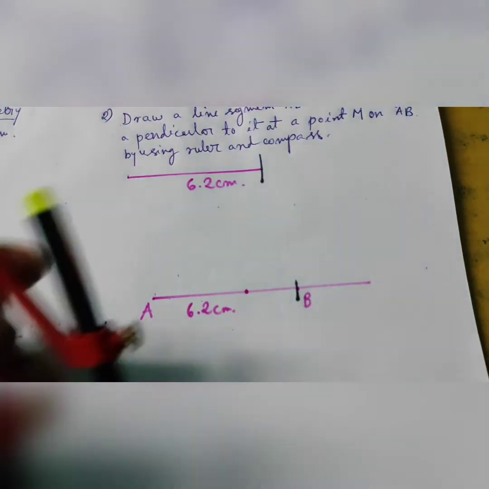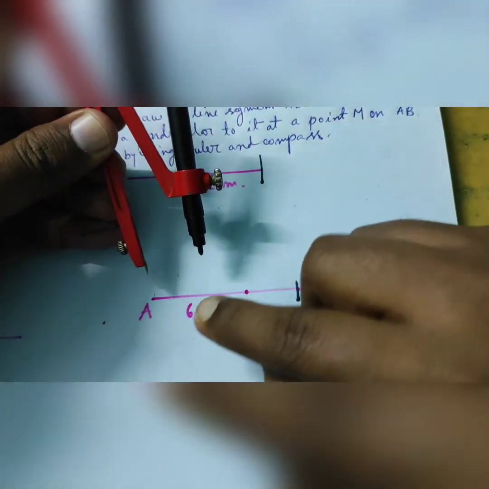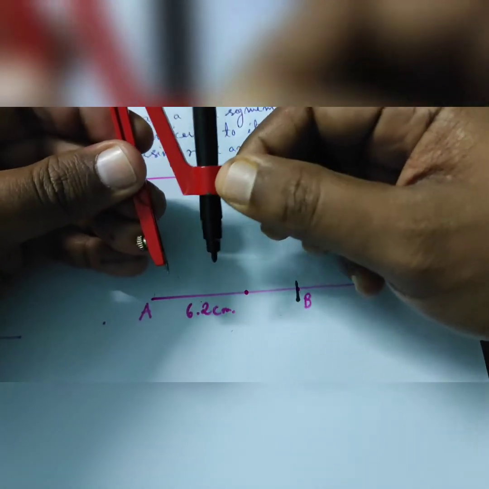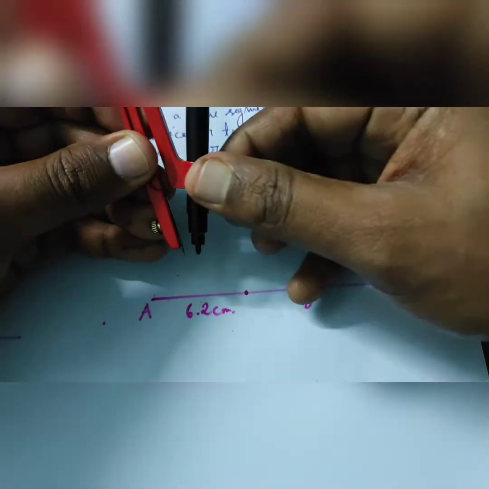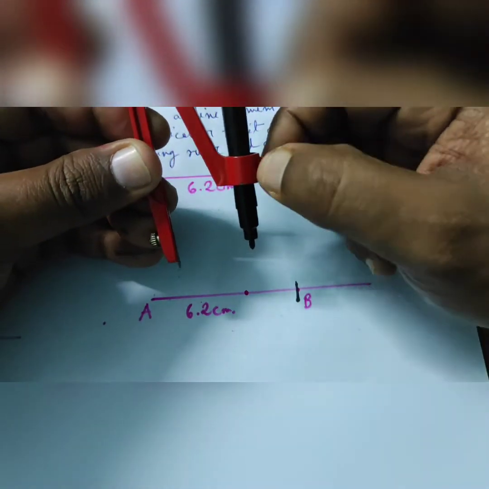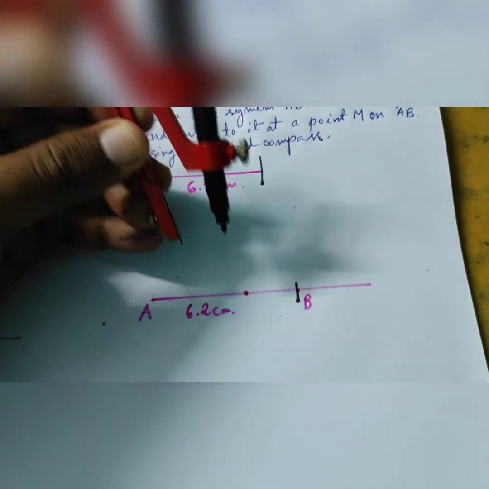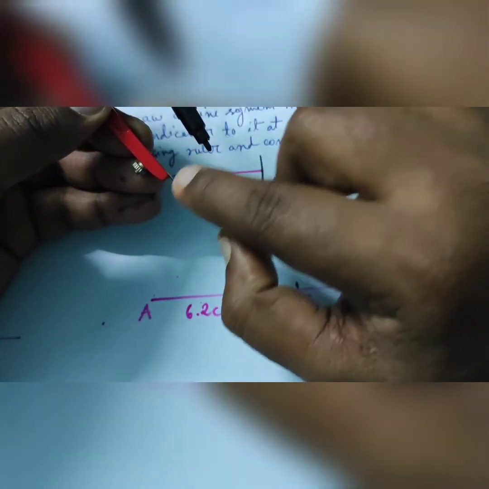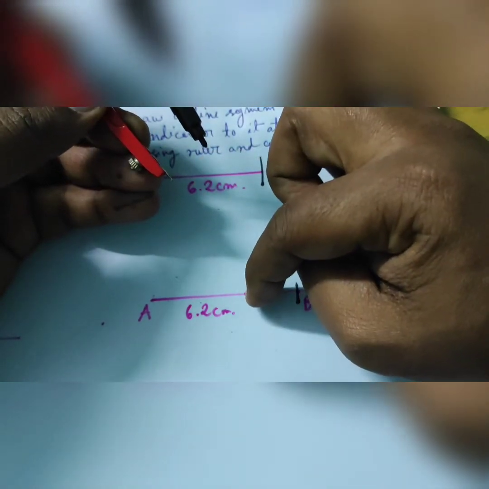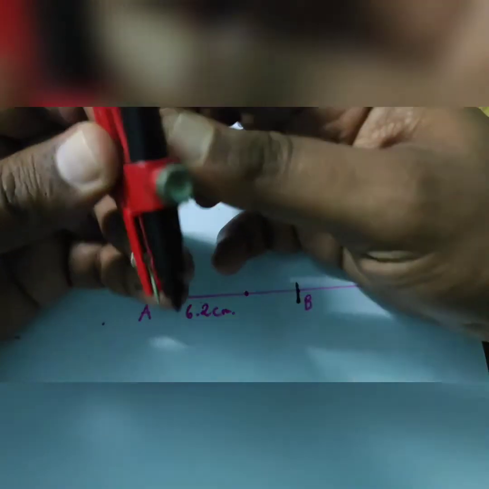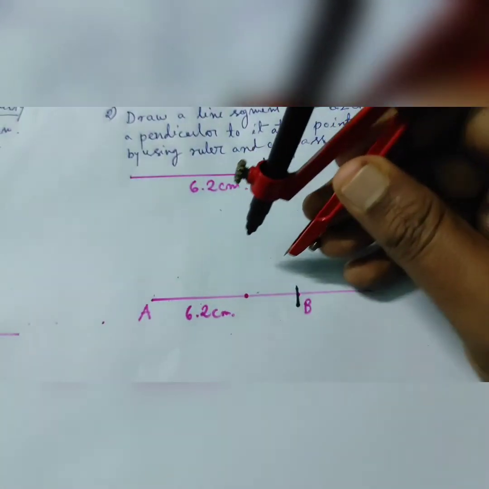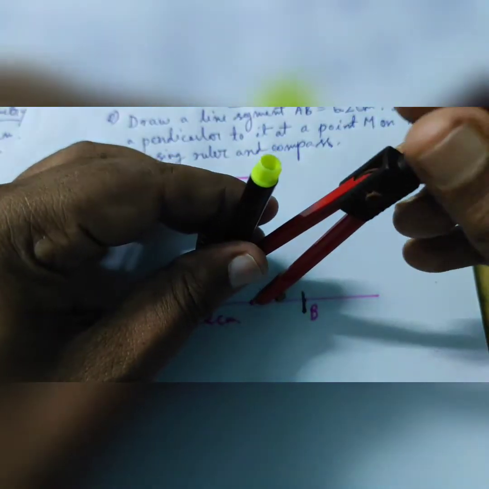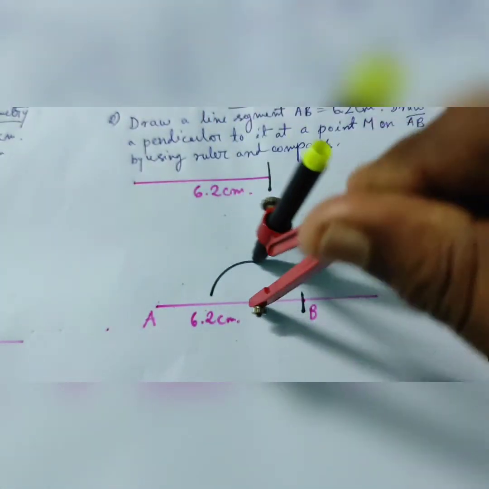So what we will do? First of all, let us take any considerable measurement in the compass, not so large, not so small, a comfortable measurement like this. Once you have taken this measurement, please do not disturb it while we are drawing this construction. Now let us put the needle at this point and draw an arc like this.